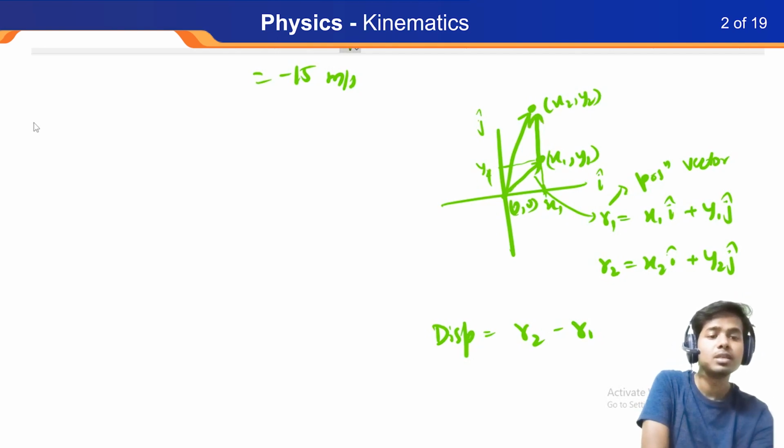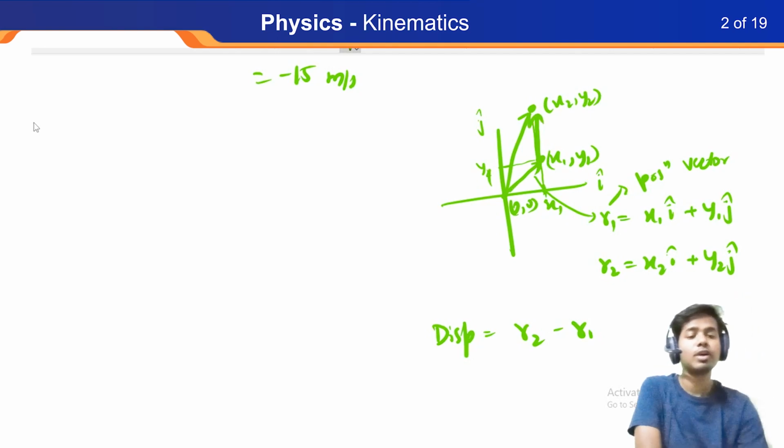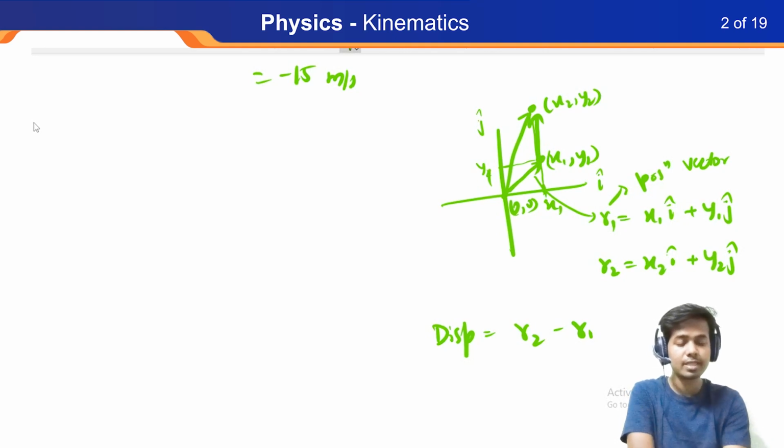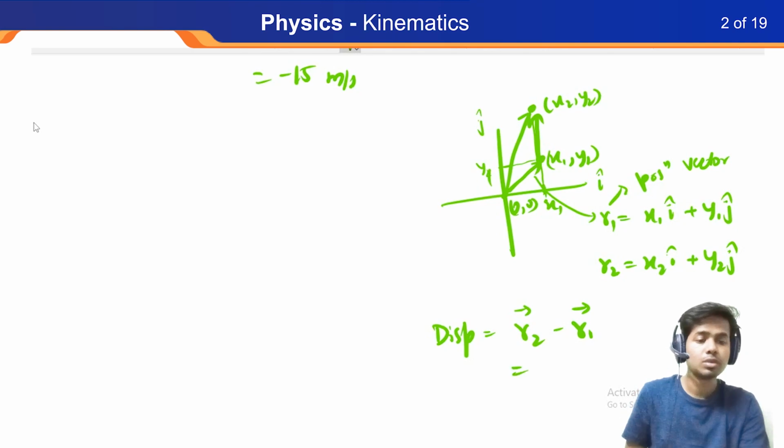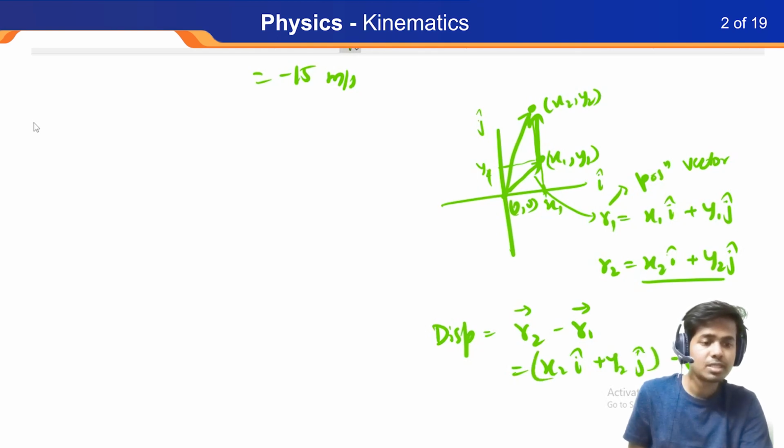Even if you go by the triangle rule of addition and subtraction, you will get the same thing, which I'm going to write right now. R2 vector, what is that? x2 i cap plus y2 j cap minus x1 i cap plus y1 j cap. This can be written in the format of x2 minus x1 i cap plus y2 minus y1 j cap.